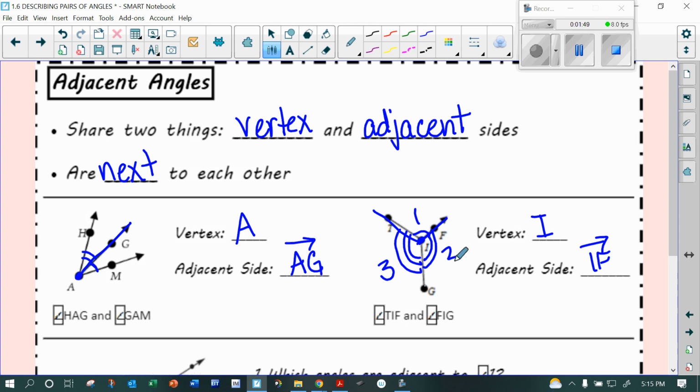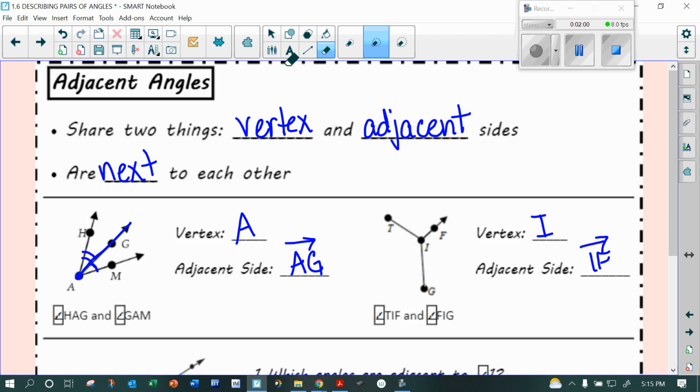And if I was comparing angles 2 and 3, this would be an adjacent side. But we're just going to look at TIF. So let me erase this so that it's a little more clear. So if I'm looking at angle TIF, which is this angle right here, T to I to F, and F to I to G, so we're just talking these two angles. This is the adjacent side.